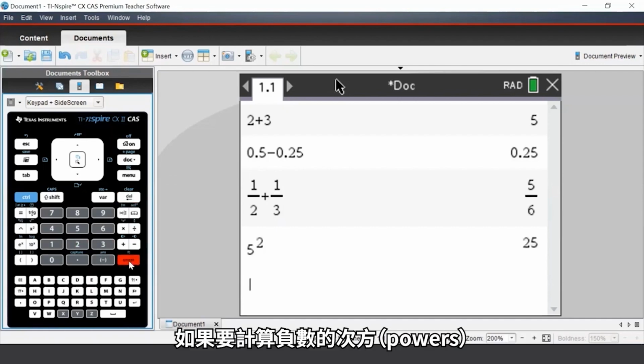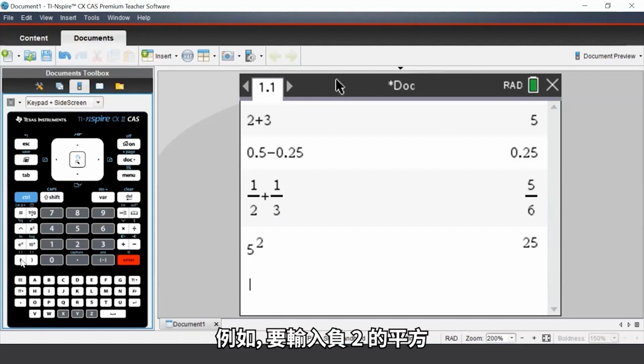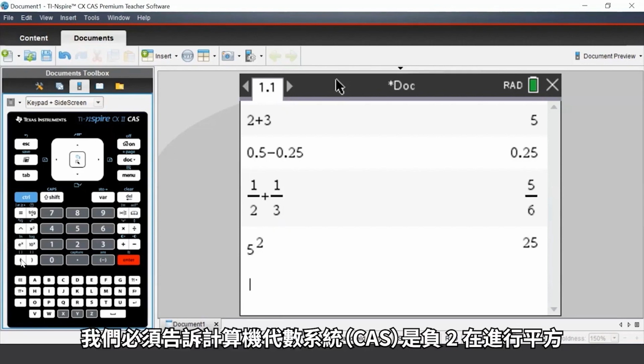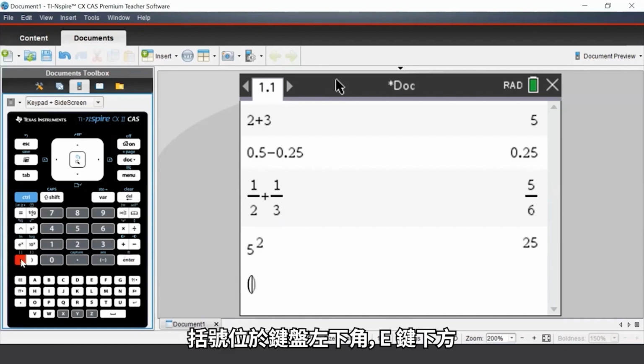If we want to calculate powers of negative numbers, we must use brackets to help the CAS identify where the negative sign belongs. For example, to enter negative 2 squared, we must tell the CAS that the negative 2 is being squared. So first we must enter a bracket, which is found at the bottom left of the keypad, underneath the E button.